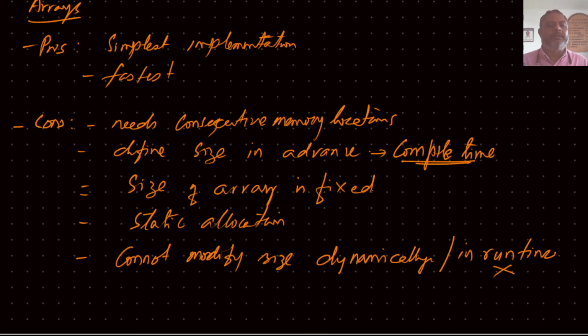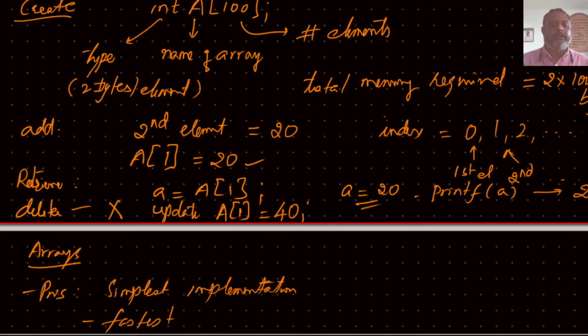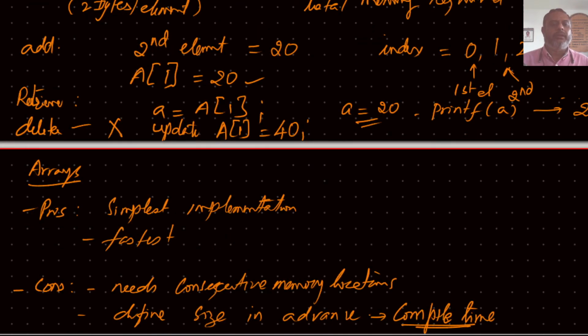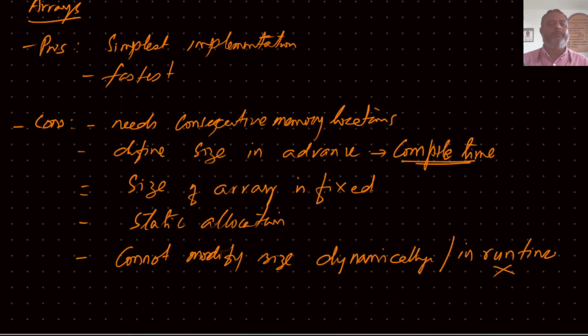So that's array: we can create an array, add data to the array, and retrieve data from the array. There is no option for deleting any element from the array. Yes, of course, we can update the data value in the array.